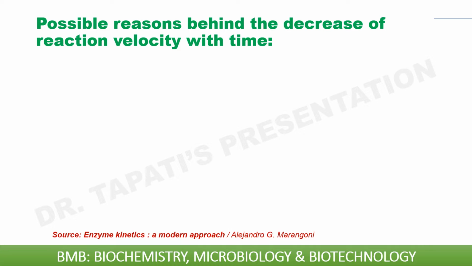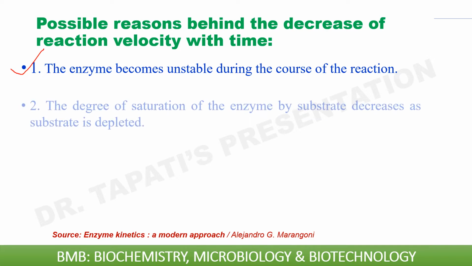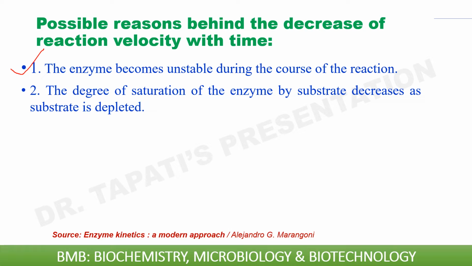Now, what are the possible reasons behind the decrease of reaction velocity with time? The enzyme becomes unstable during the course of the reaction, or the degree of saturation of enzyme by substrate decreases because substrate is depleted.